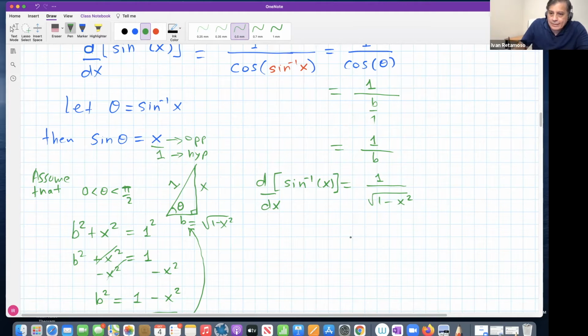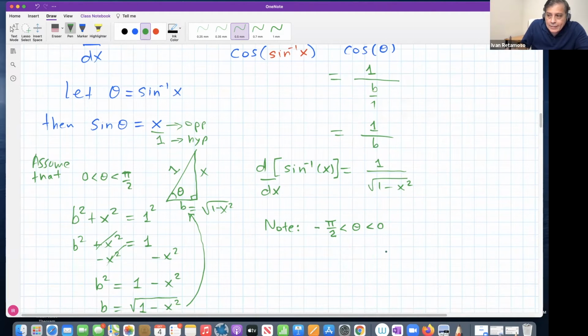Now, I may write a note here. Sometimes when I do this demonstration, students ask me, Professor, what if the angle is not between 0 and pi over 2? What if the angle is negative? Could be, right? But in this case, since there is a property that says that sine of minus theta is equal to minus sine of theta, the formula will still work.